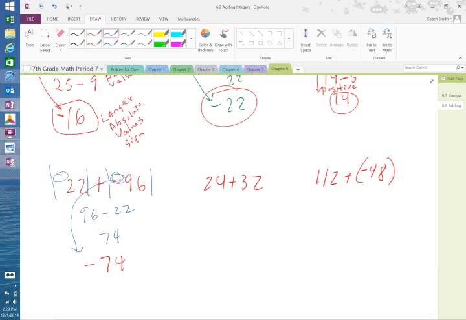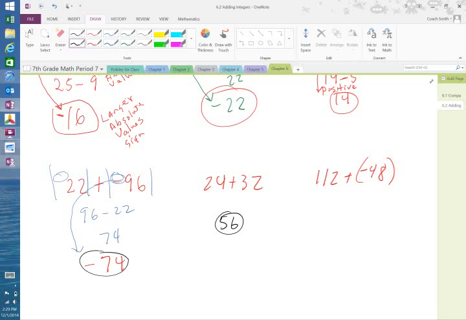Okay? Next one, Jacob. 24 plus 32. Yes, positive 56. Obviously, you just add those two numbers up, because they're two positives. Now, the last one, 112 plus negative 48. Who has an answer for me? Cameron.